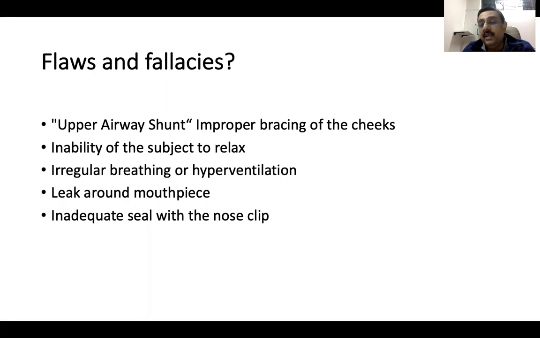There can be irregular breathing or hyperventilation, because a lot of children start breathing fast when they hold on to the mouthpiece. So they have to be calmed down, and only those maneuvers should be taken. There can be a leak around the mouthpiece, because some of the younger kids are not able to hold on to the mouthpiece that well. And there can be an inadequate seal with the nose clip, and hence there can be nasal breathing, and it can lead to problems.